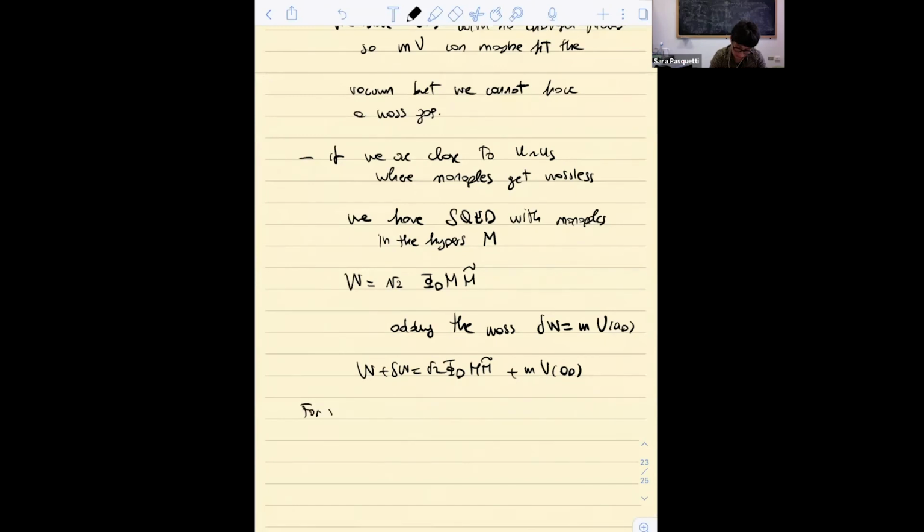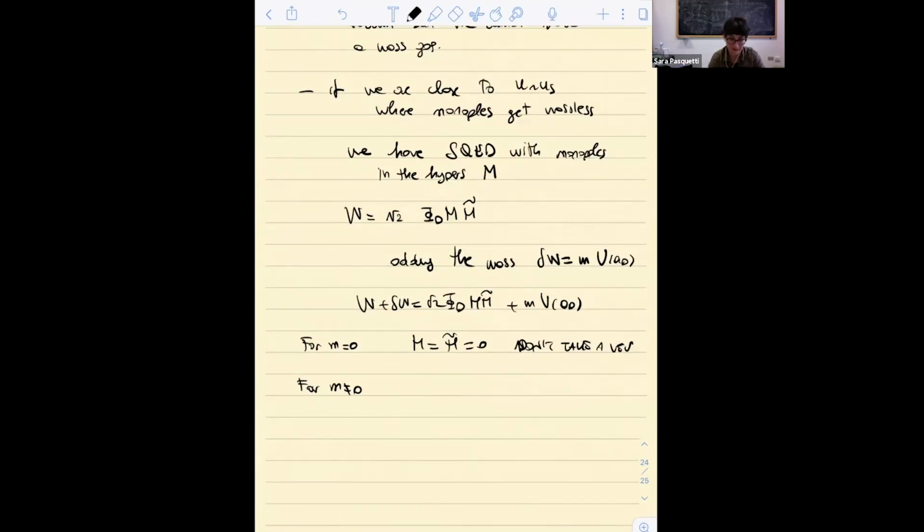When I don't turn on any mass, the equation of motion only tells me that the monopoles don't take a vev. But when I turn on this mass that is breaking to n=1, then the equation of motion tells us that M equal to M tilde equal to stuff, which will be the derivative of u with respect to a dual.